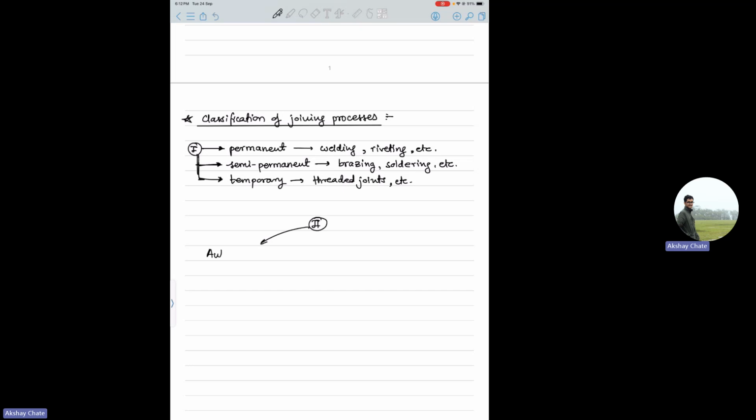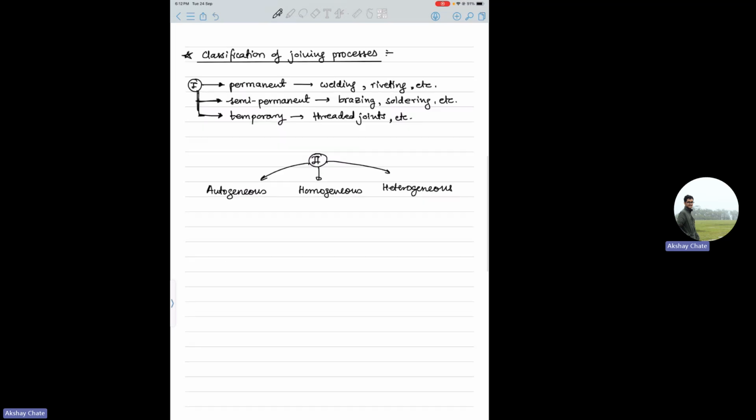So autogeneous, then you have homogeneous, and the third one will be heterogeneous. Okay, so this was also taught in the class. Basically autogeneous means no filler material. So when you have a joint, you have a single type of material throughout, no filler material, no extra material that you use.